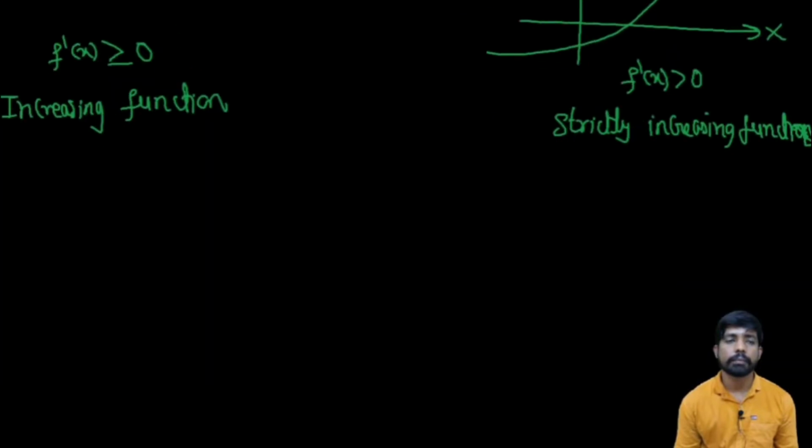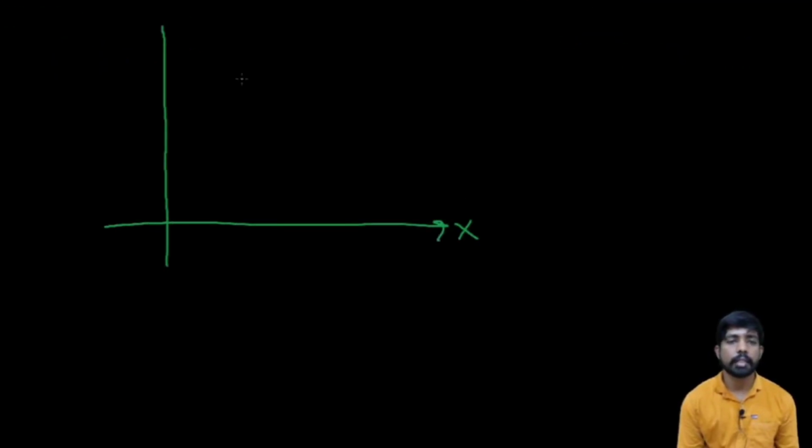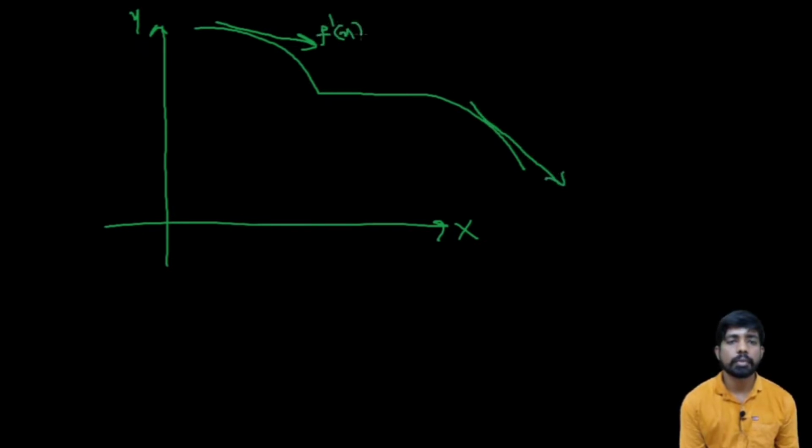Next, let us consider one more, x-axis, y-axis. Let us draw a tangent here. It is in the downward direction. It is a tangent with declination, so the slope is negative, meaning less than 0.